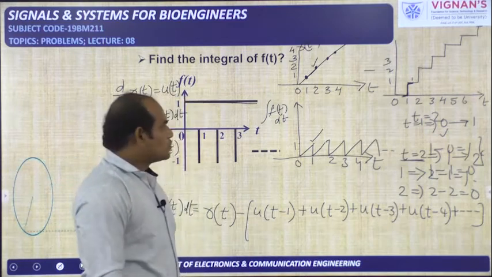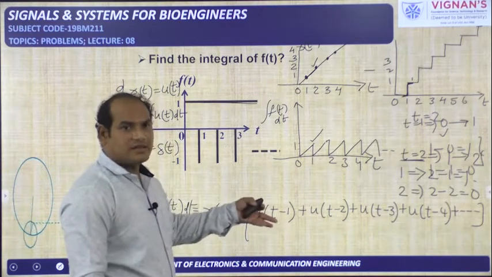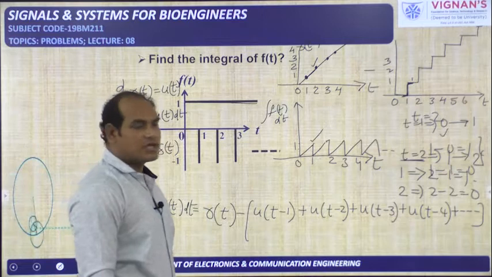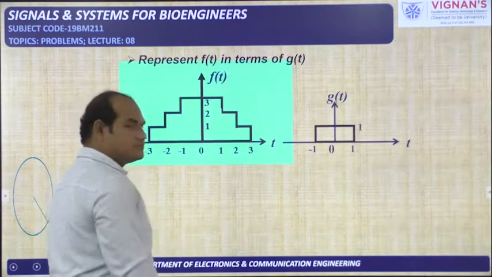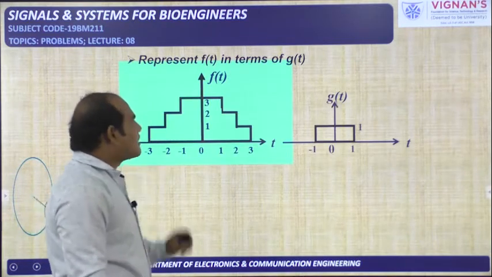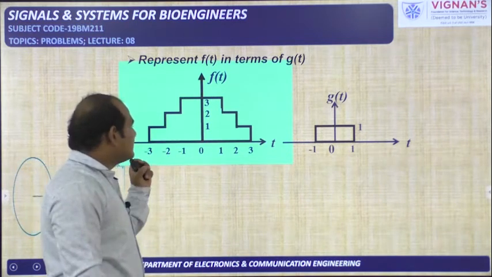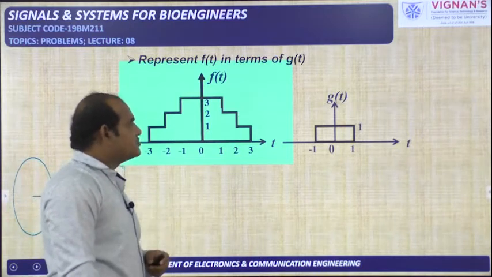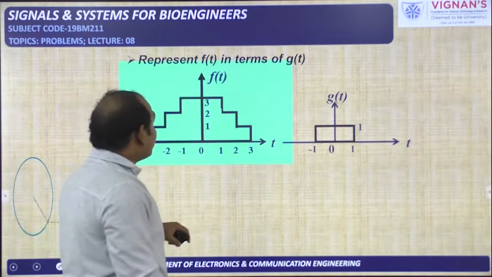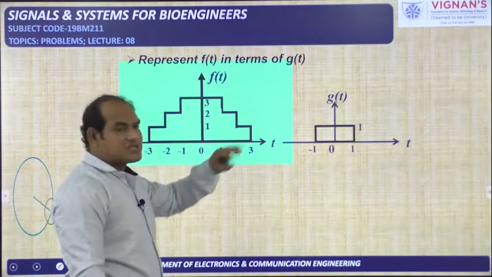Okay. So don't get confused here, you practice well, then it will be easy for you. Now, represent the signal f of t in terms of g of t. So they have given f of t signal and then they have given g of t signal. We need to write this f of t signal in terms of g of t.